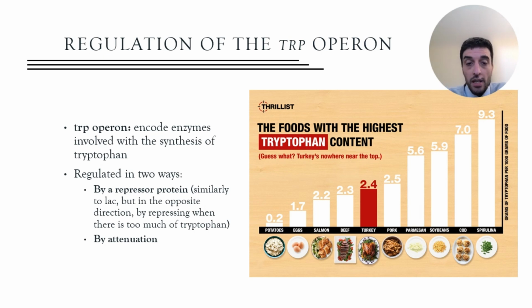Second example here is the regulation of the trp operon. The trp operon is the set of genes that are involved in the synthesis of tryptophan. You guys might have heard about this amino acid.